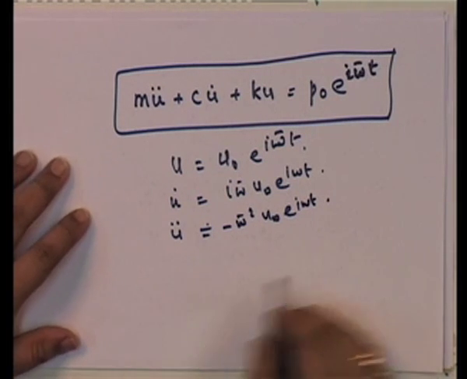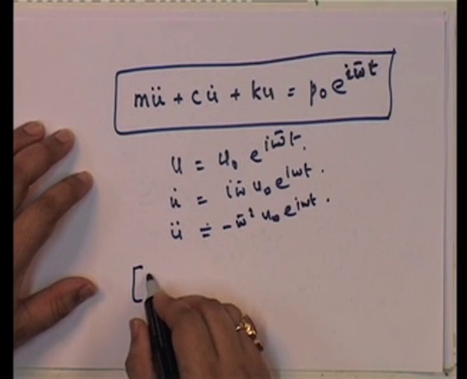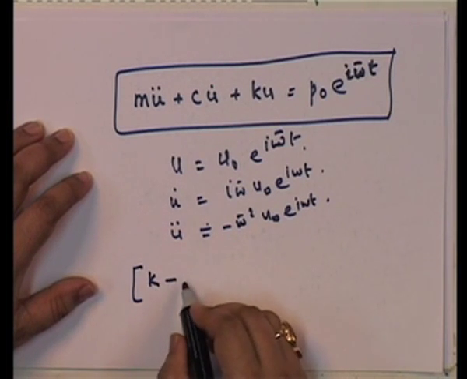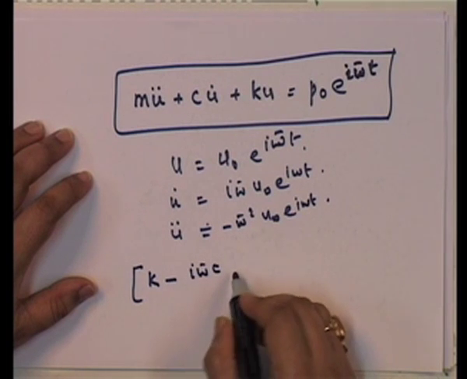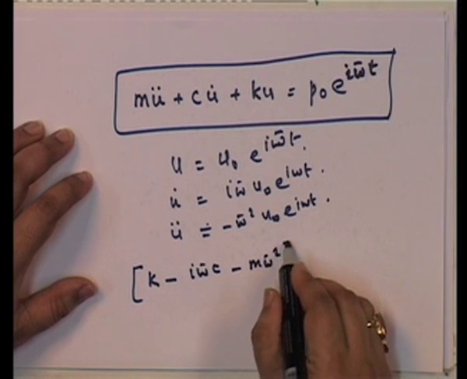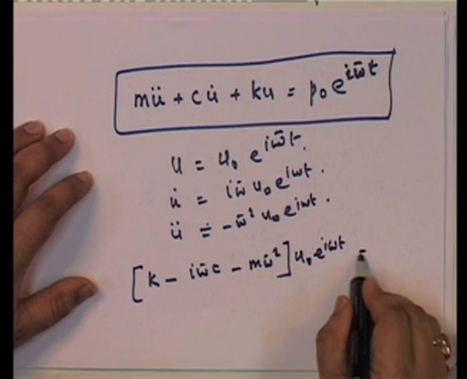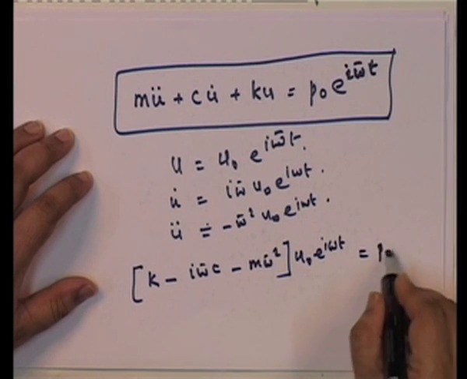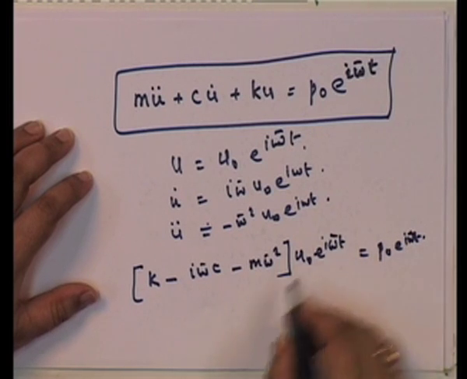So, if I look at it, what do I get? I get the following: k minus I omega bar c minus m omega bar squared, into u 0 e to the power of I omega bar t, is equal to p 0 e to the power of I omega bar t.